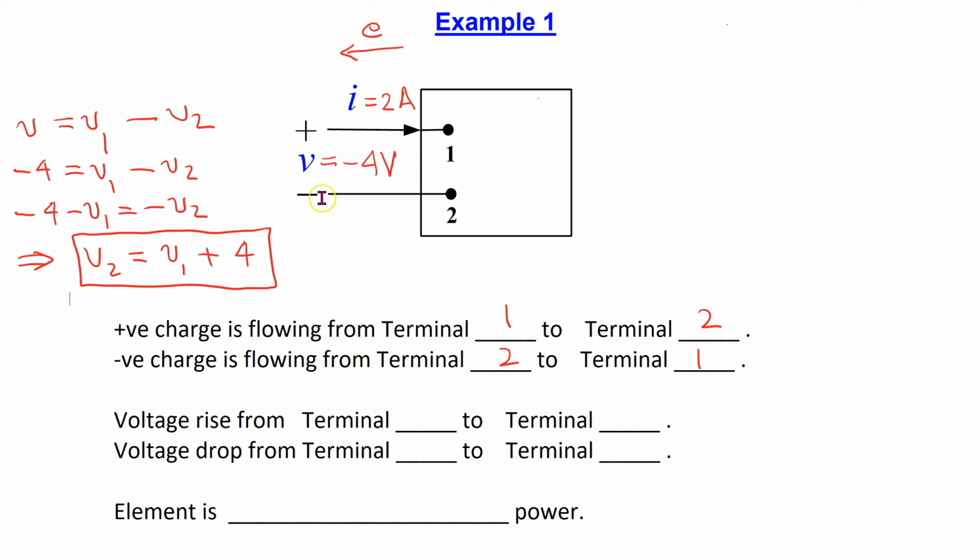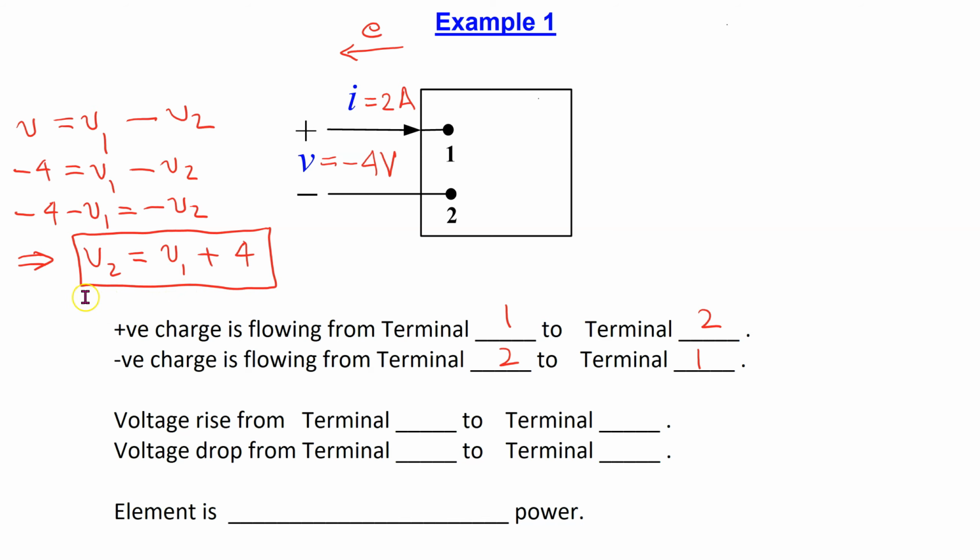Using the definition of the voltage, once we arrive at this relationship, we can then determine the voltage rise and voltage drop relationships. In this case, we can see that voltage at terminal 2 is voltage at terminal 1 plus 4 volts.